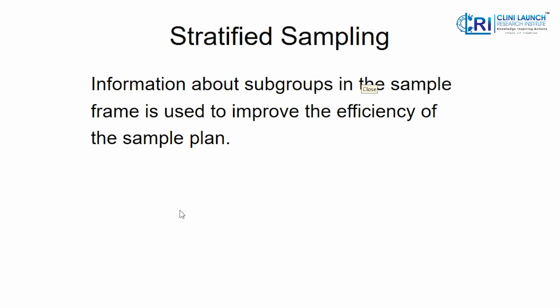Pratik, is there any specific rule by which we are supposed to give the sample size for every stratum of the population? No, there is not any specific rule, but like the calculation of sample size for the whole population, similarly you have to calculate the sample size for each individual stratum.